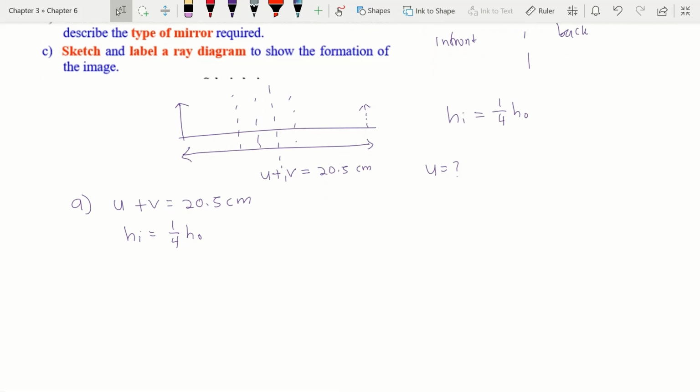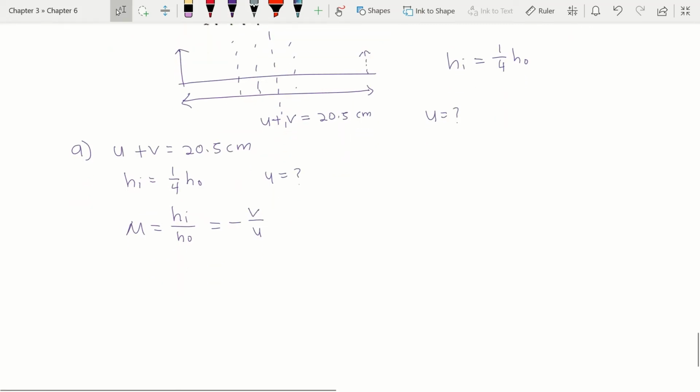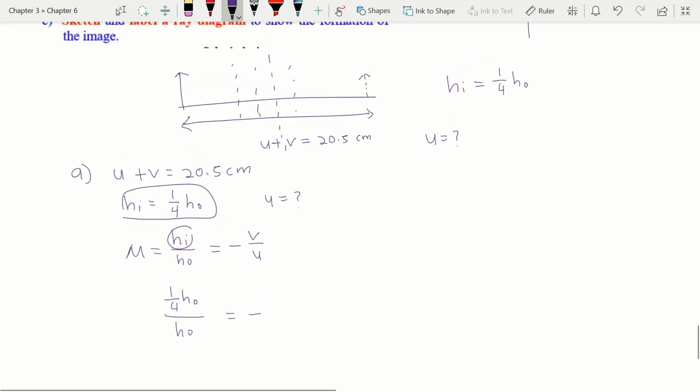We need to find u, the object distance. So we can use the magnification formula: height of image over height of object equals negative image distance over object distance. We know the image height is 1 over 4 of the object height, so we substitute it, divided by the object height, equals negative.